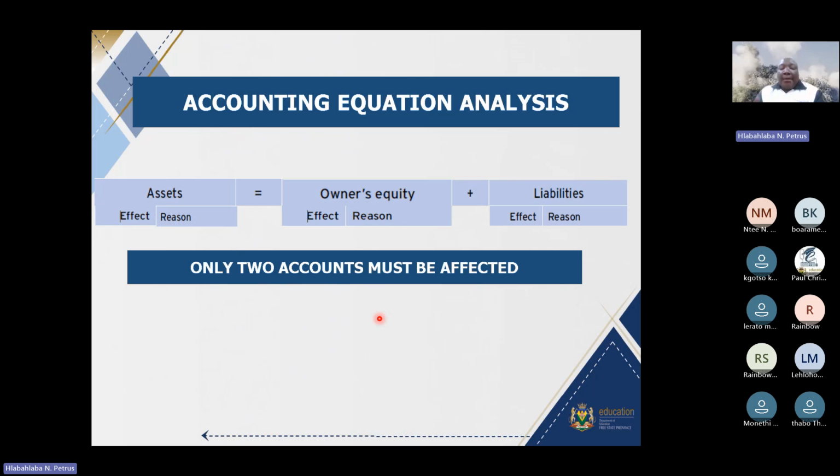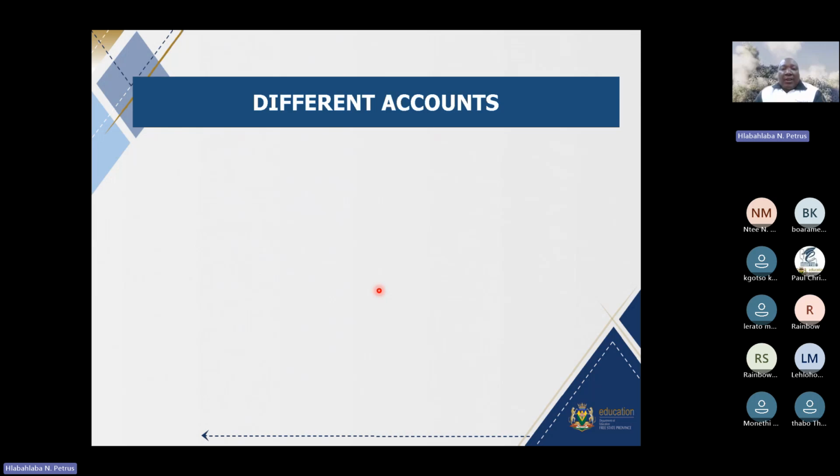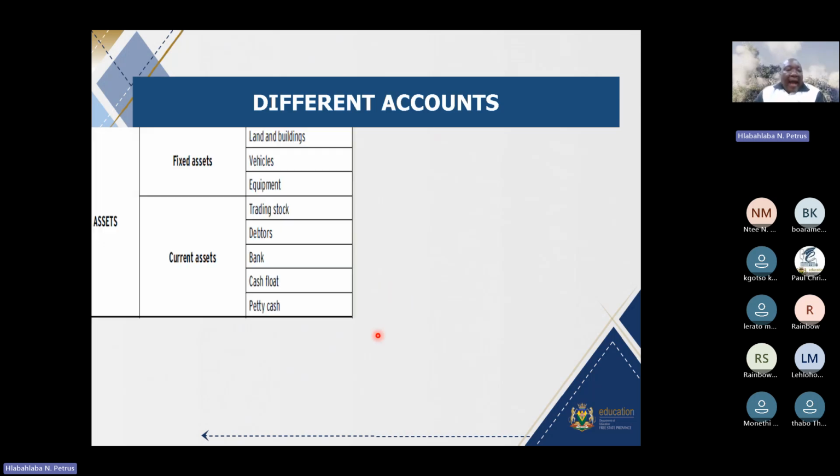So let's recap on the different types of accounts that we have. We'll start with the assets account. The assets is split into 2: we have fixed assets and current assets. Fixed assets are land and building, vehicle, equipment.